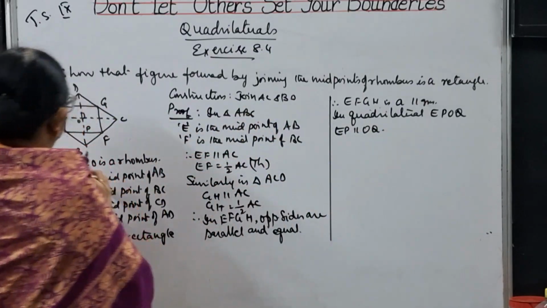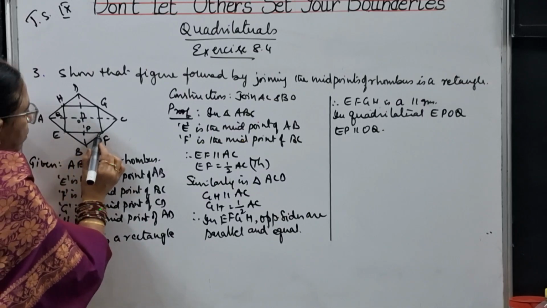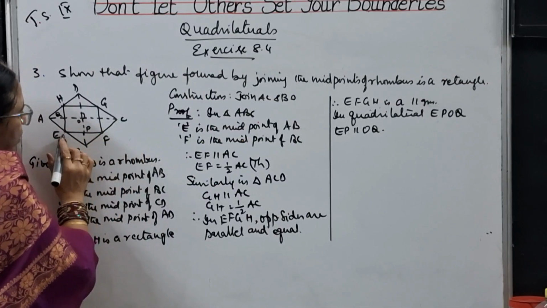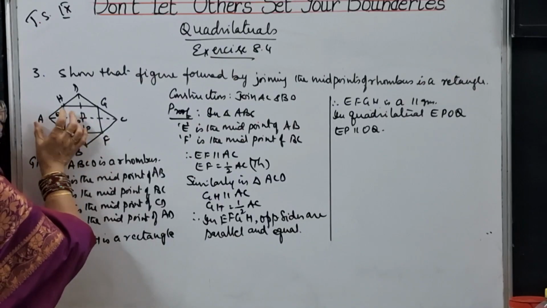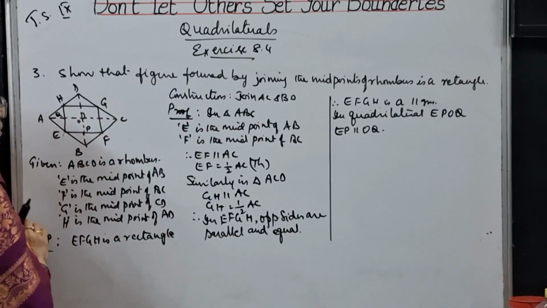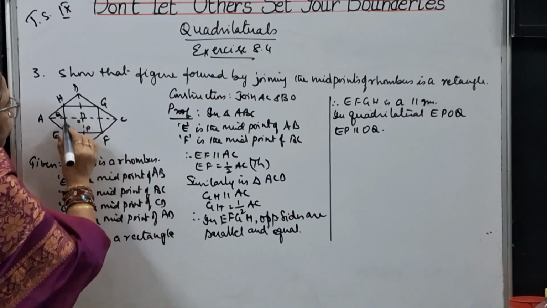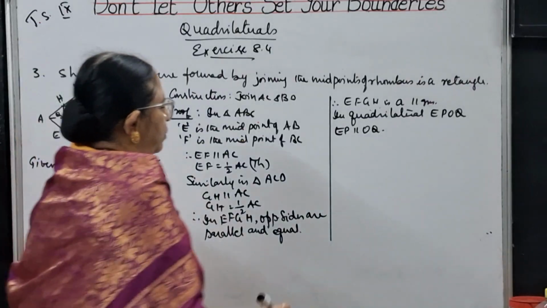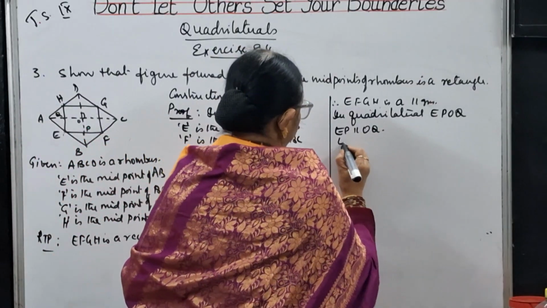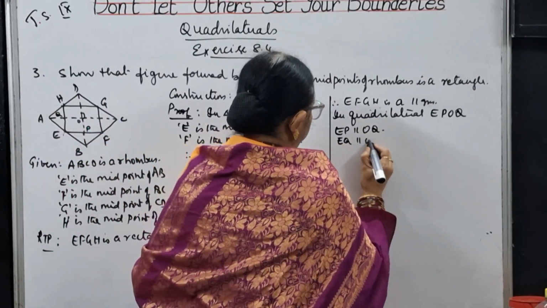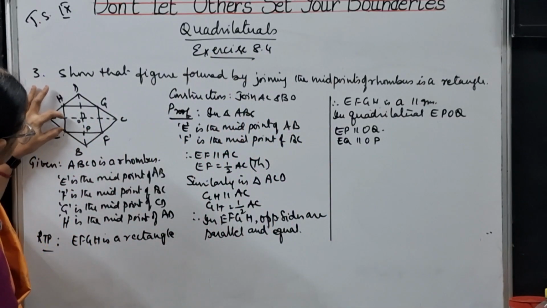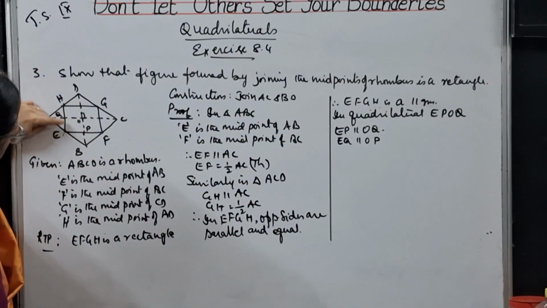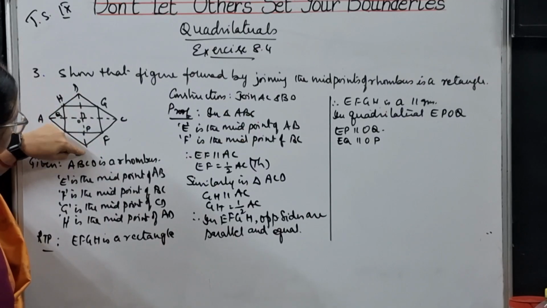Why is EP parallel to OQ? Because EF is parallel to AC. EP is a part of EF and OQ is a part of AC. So they are parallel. Similarly, OP is parallel to EQ. See children, EQ is parallel to OP because EQ is a part of EH which is parallel to BD.